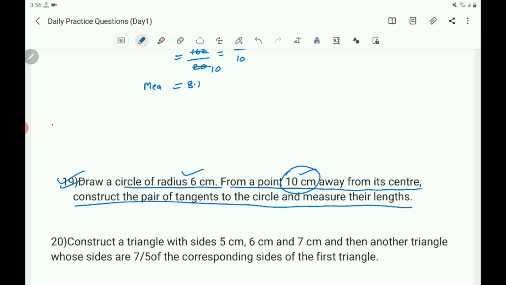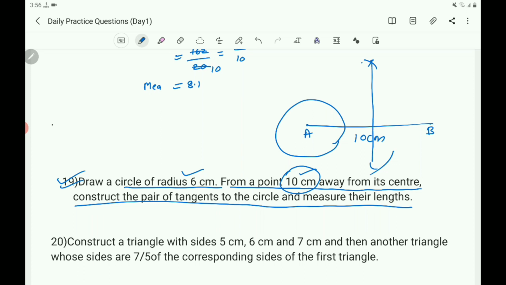So first, draw a line of 10 cm length, and with A as a center, draw a circle of 6 cm radius, and get the midpoint of AB taking more than half. With A as a center, draw the curve above and below. With the same radius, with B as a center, draw the curve above and below. You will get a midpoint.